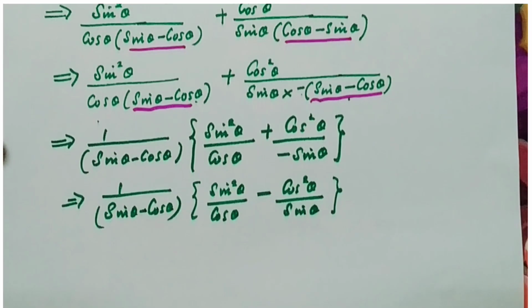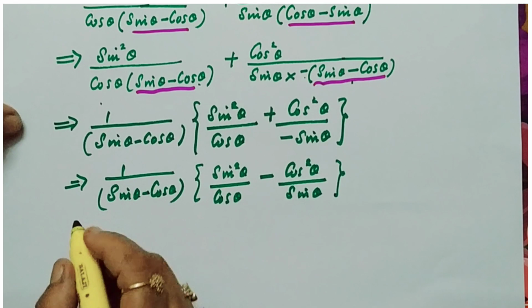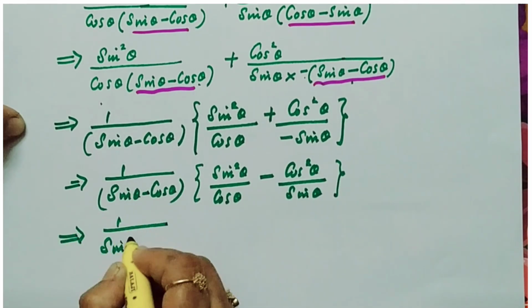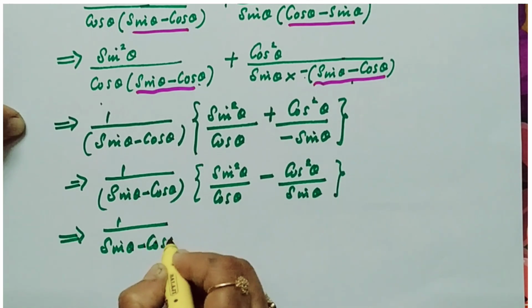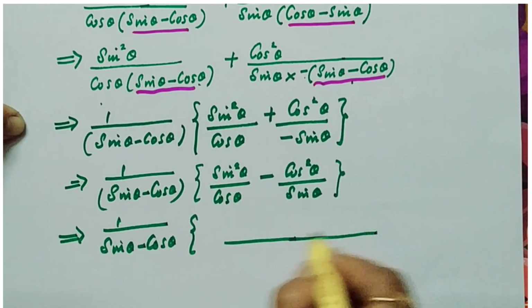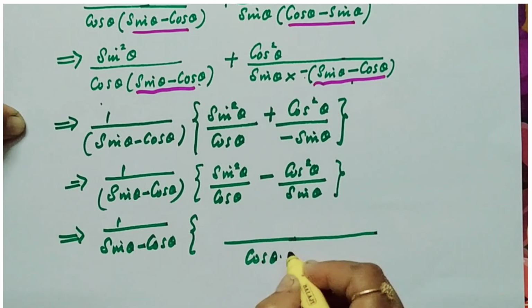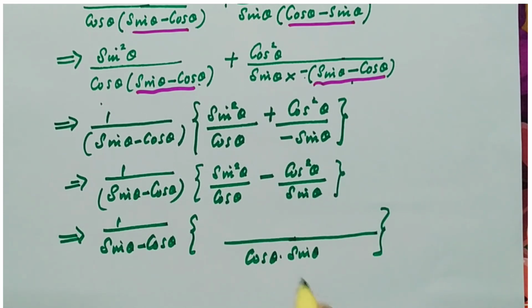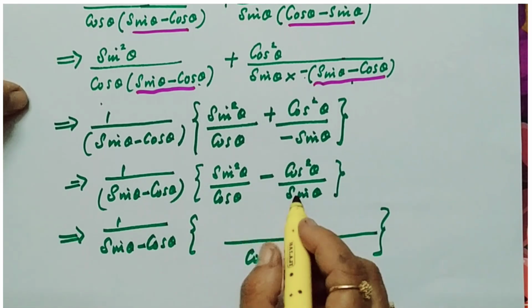Next step is within the bracket I am going to make a simplification, which implies 1 by sin theta minus cos theta common outside itself, but within the bracket I am going to take the LCM cos theta into sin theta, the LCM within the bracket. Cos theta into sin theta, when taking LCM, what comes here?